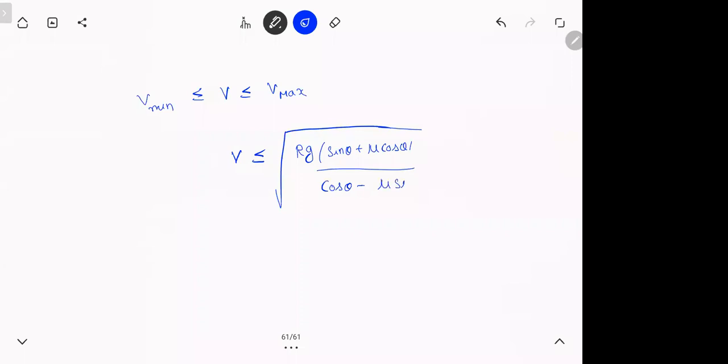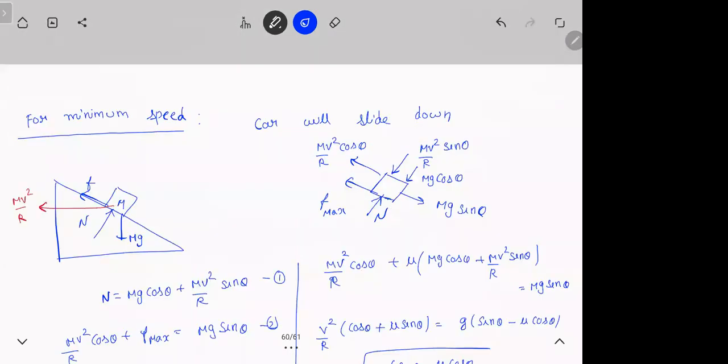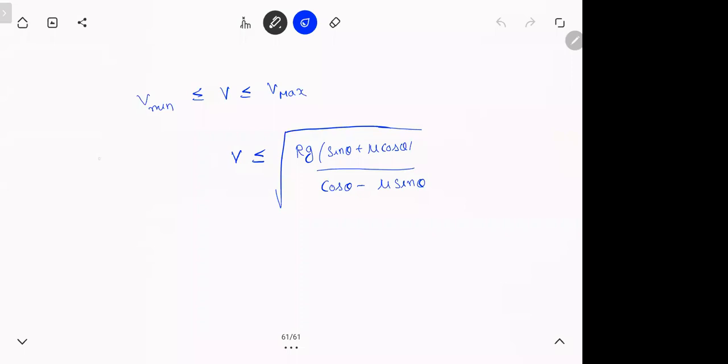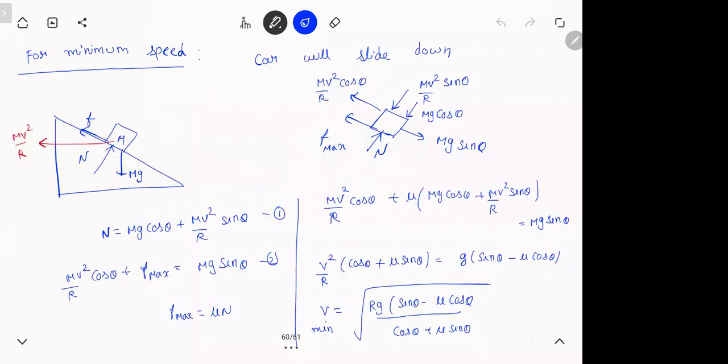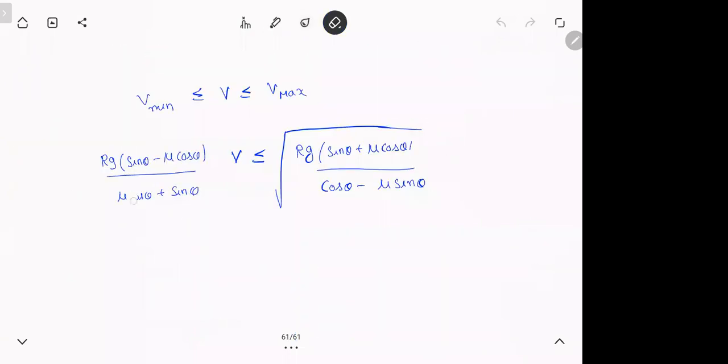This is the maximum speed. This is the minimum speed. This is the speed limit.